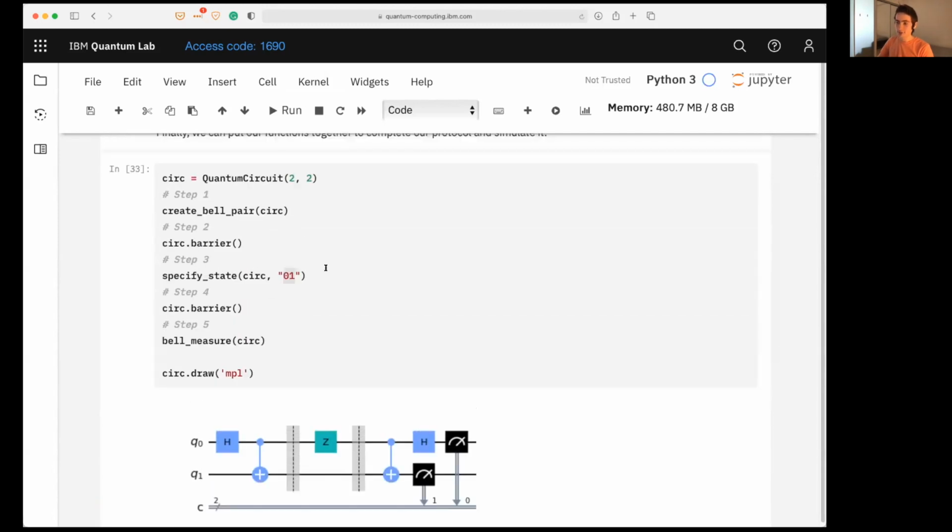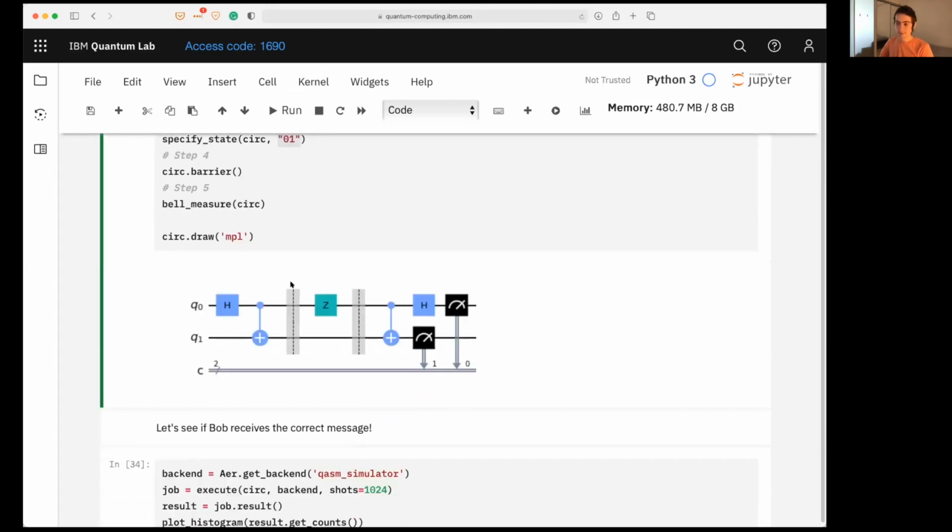The whole idea with superdense coding is that Bob doesn't necessarily know what message Alice is encoding, because Bob only has this qubit. What happens to Alice's qubit, qubit 0, in between these two barriers? Bob has no idea. The only way for Bob to get the message out is using this Bell measure and this whole superdense coding protocol.